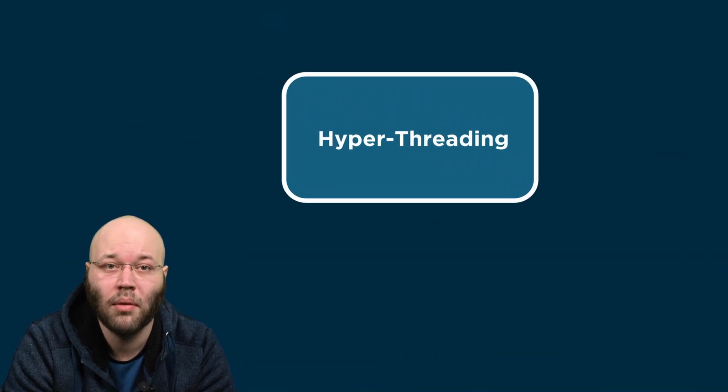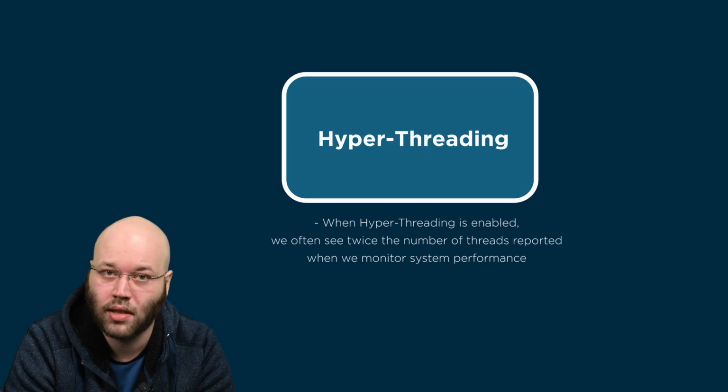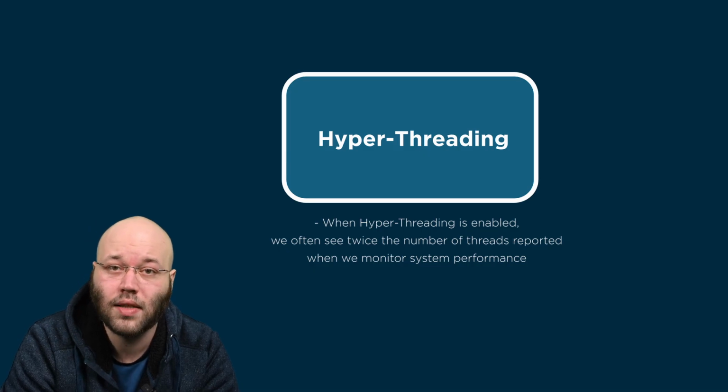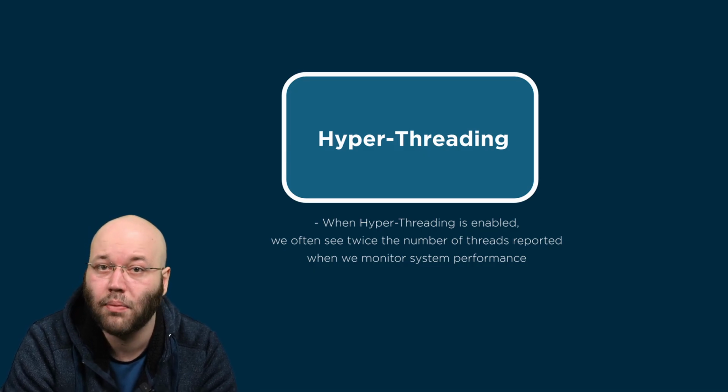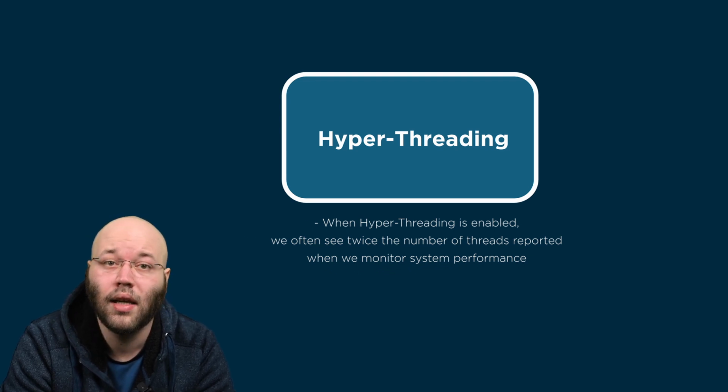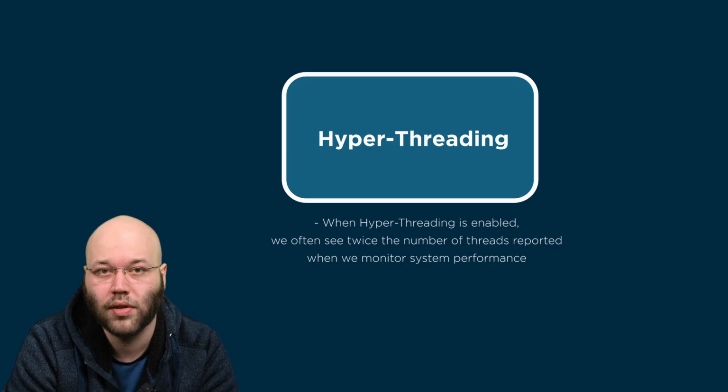When hyperthreading is enabled, we often see twice the number of threads reported when we monitor system performance, but they don't necessarily contribute to twice the computational power. The CPU simply pretends to have twice as many processing units. While this does improve concurrency in some cases, it doesn't mean we double the real performance.